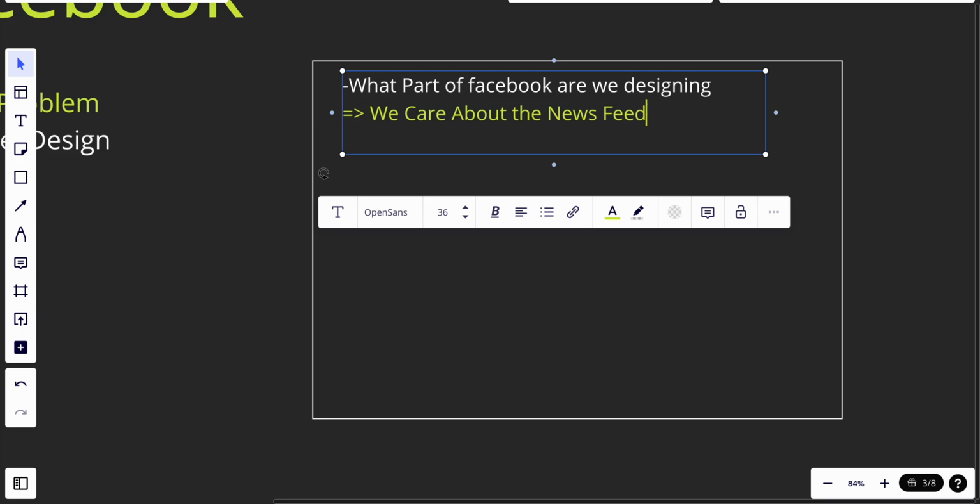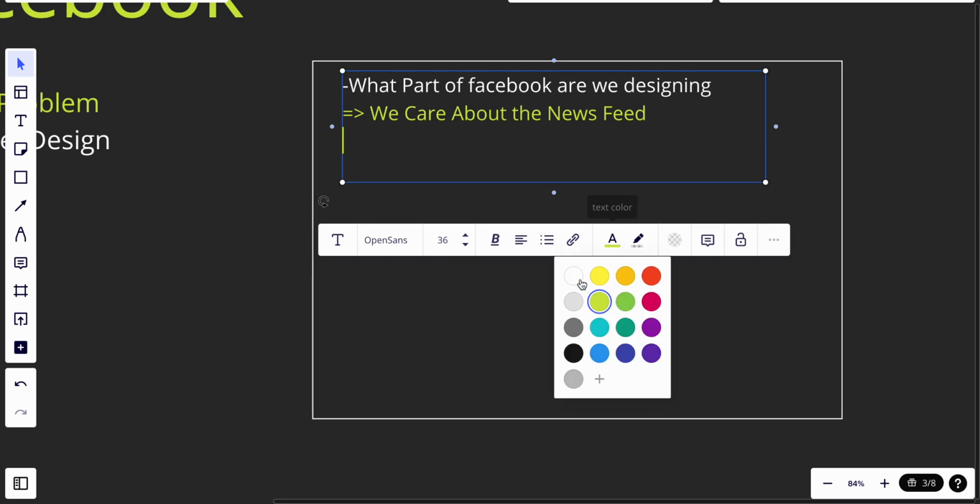So right now we know that we only want to focus on the news feed. With our first question, we know what specific thing we are going to build, but we should get more specific. So I want to know other things.